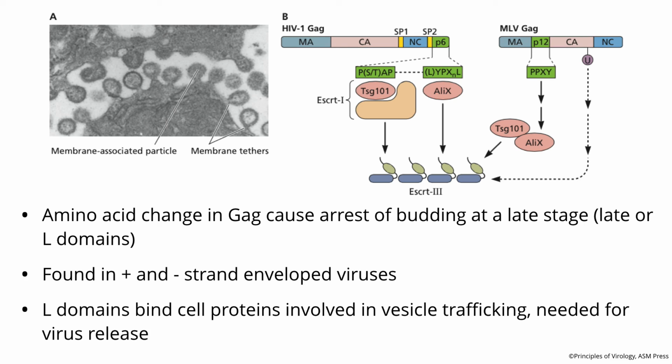And why changes in P6 and P12 affect budding is because these proteins, through a very specific amino acid sequence, interact with components of the ESCRT pathway, including proteins called TSG101, ELIX, and so forth. So these small proteins, P6, P12, which nobody had paid any attention to, are now crucial for pulling these particles into a membrane scission pathway.